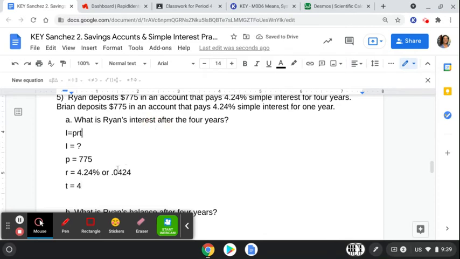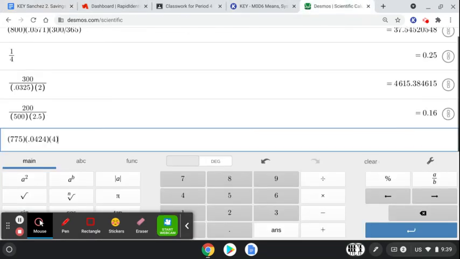So going up here to plug it in, $775 times 0.0424 times 4 years. I'm going to copy and paste that into Desmos. $131.44.